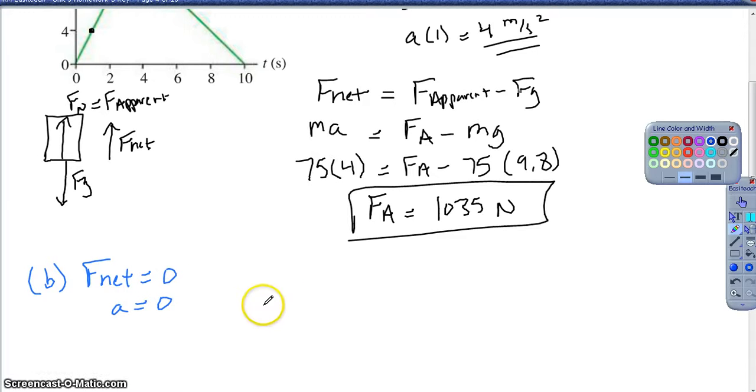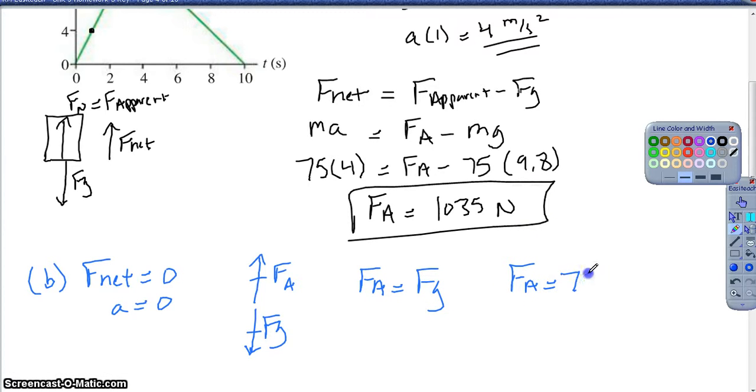If the net acceleration is 0, and the only forces acting are the apparent weight of the scale pushing up and our force of gravity pushing down, then those two have to be equal and opposite. So in this case, my apparent weight is equal to my force due to gravity. So my apparent weight would be just 75 times 9.8, and that's where I got the 735 answer. So again, my apparent weight right there is 735 newtons.